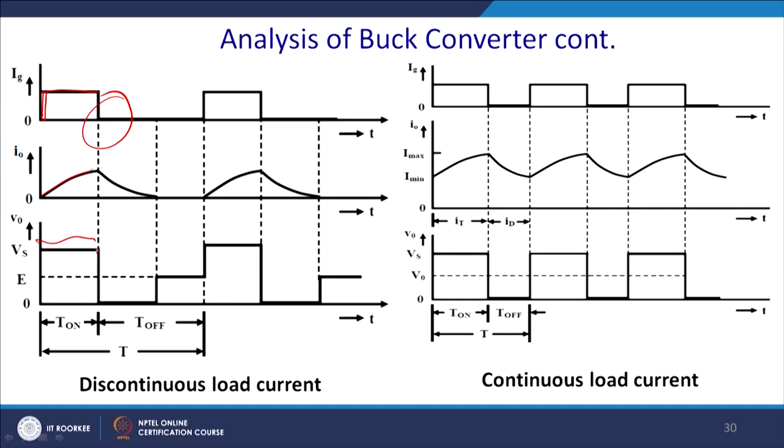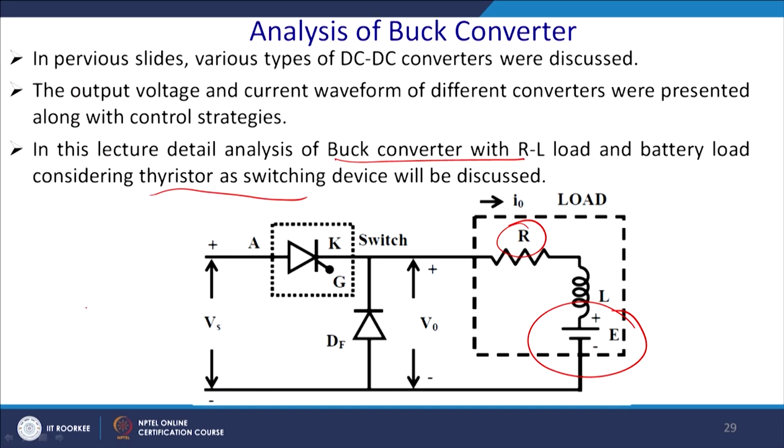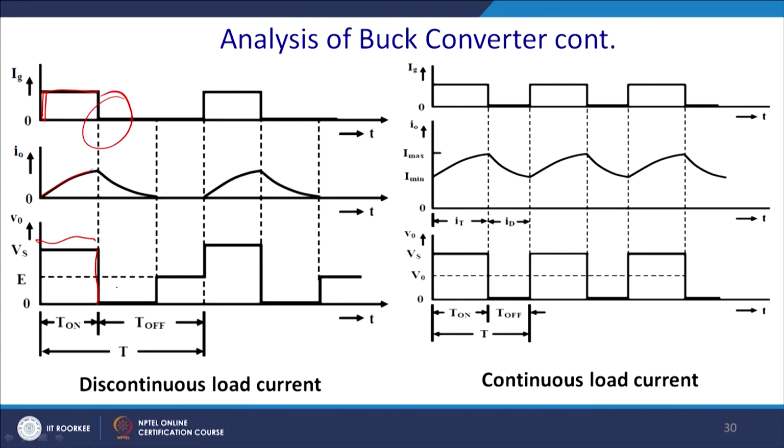Then the load voltage will come down, and since you have a freewheeling diode, the current will take this shape and no voltage will appear across it.